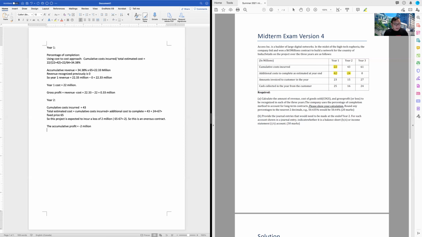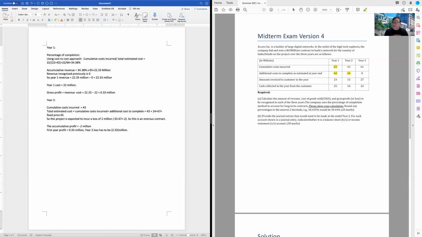Okay, so in the first year you recognized a profit of 0.33 million. So in order to make the accumulation of the profit negative 2 million, the year 2 profit has to be negative, okay, a loss. The year 2 loss has to be 2.33 million.